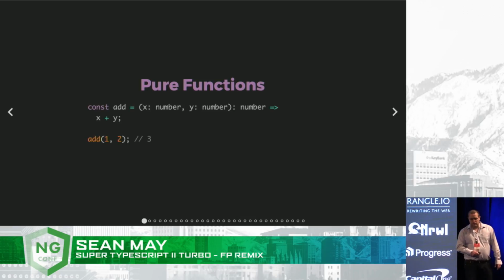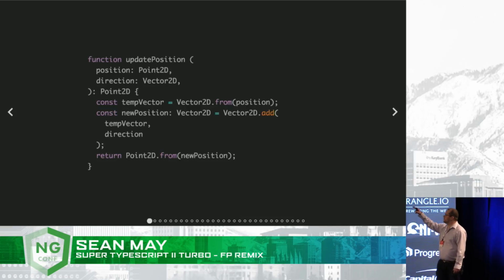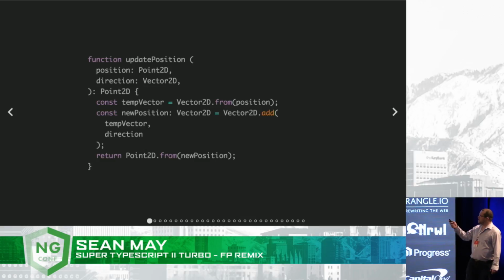If I make that a little more complex, you can see that it's a little more convoluted. I've got all of this type information in there. But all I'm doing is making some new vector to calculate distance, and then I am making and returning a new position based on that data, rather than just modifying the old position that I had.